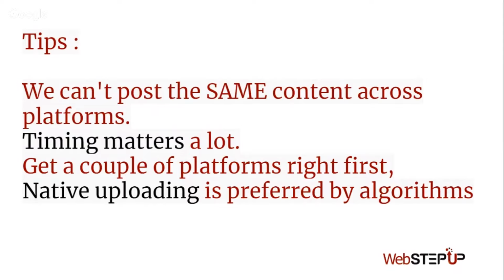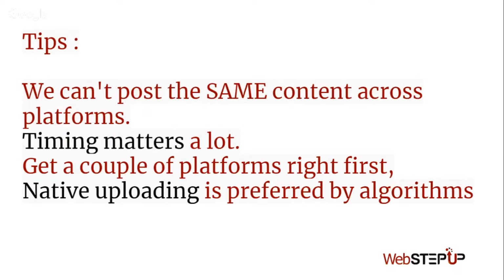And the last thing is native uploading is preferred by algorithms. What that means is that if you have a video on YouTube and you want to share that across social platforms, it makes sense to upload the video separately on each of the platforms, which is Facebook, Twitter, LinkedIn.